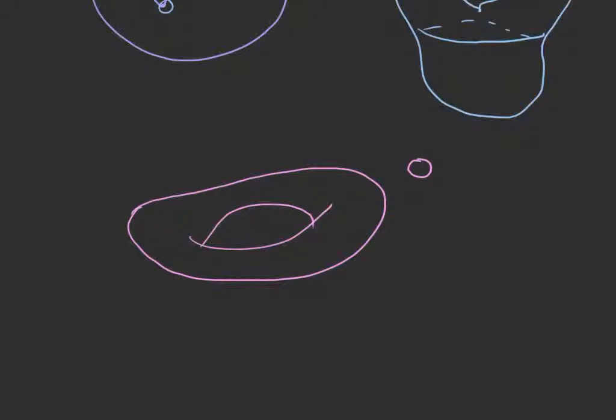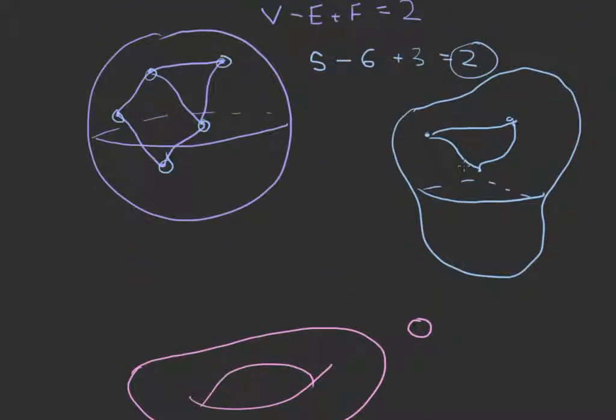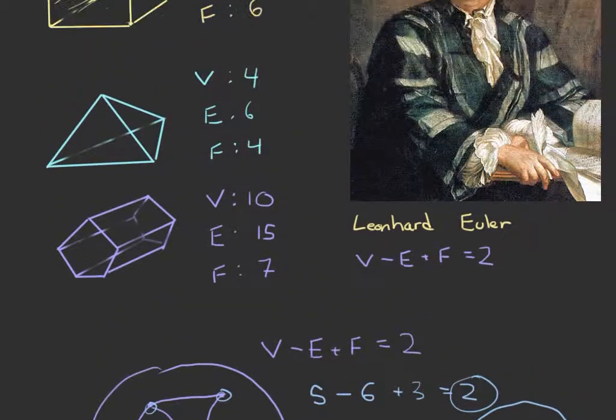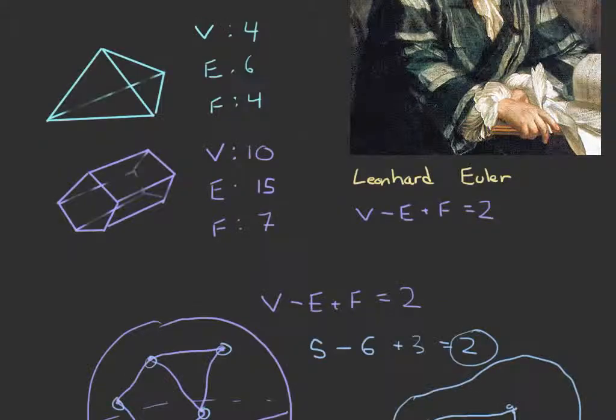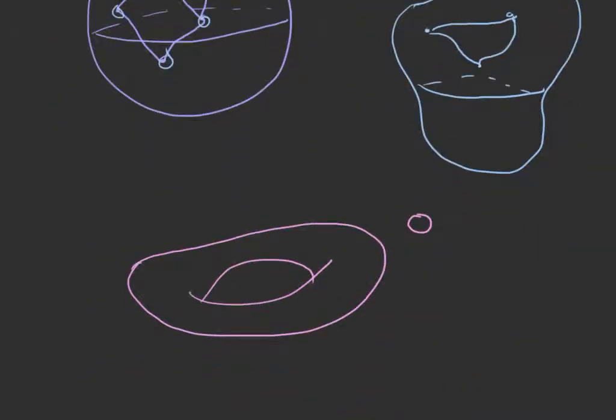So what's the difference between the blob, the sphere, the pentagonal prism, the tetrahedron, and the cube? What do they not have that the torus does? Well, it's staring you right in the face, isn't it? The hole. This has a hole and these don't.